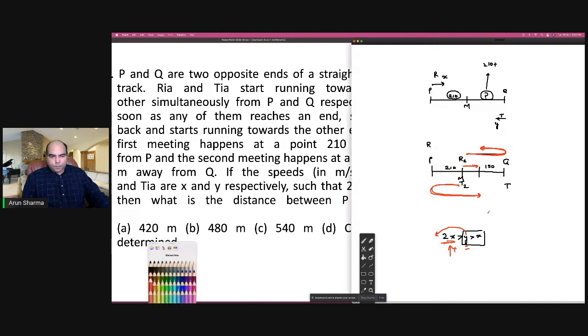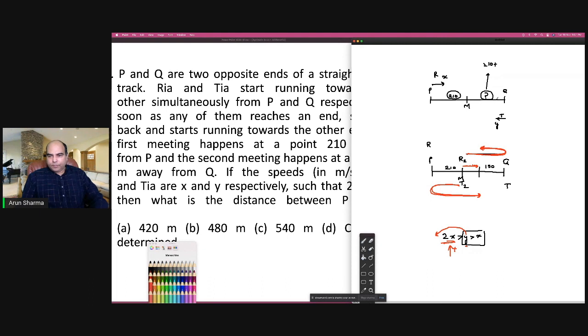So first of all, if you look at the options, 420 can be easily eliminated, because if you take 420 here, this is going to be 210, and that would mean that Ria और Tia का speed same रहेगा. So this one I can eliminate.